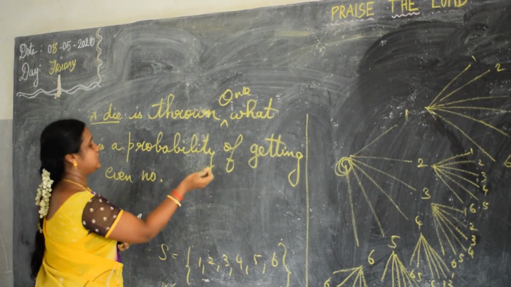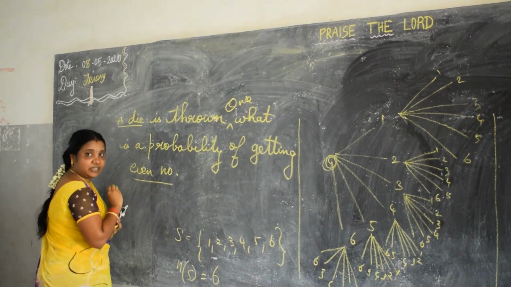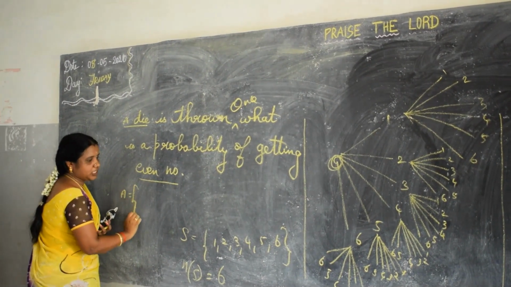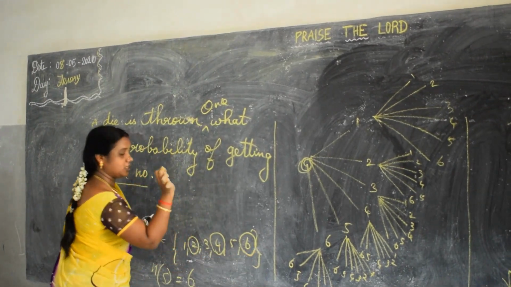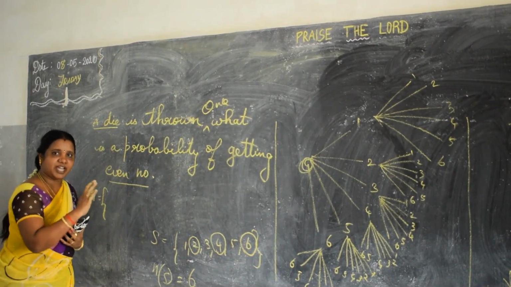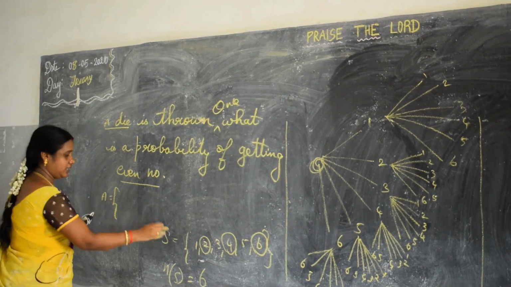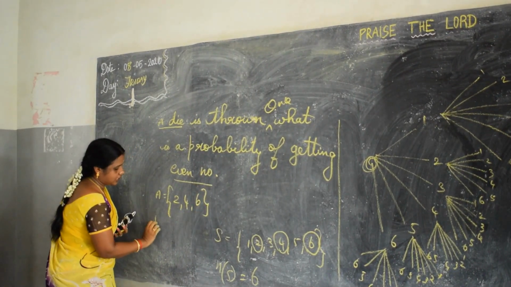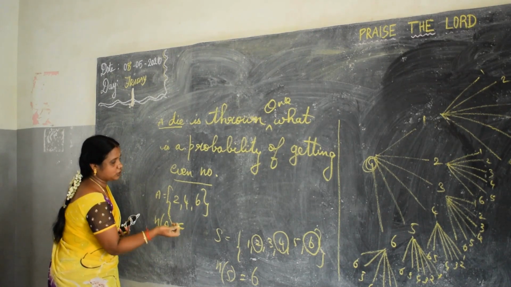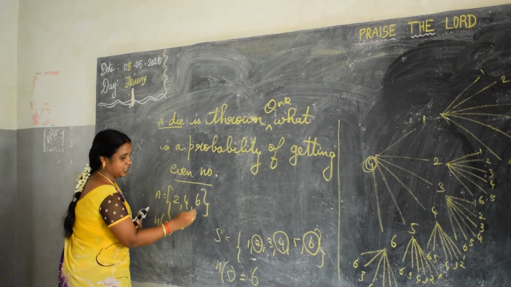Next our question is, see here. Only you have to write even number. What are all the even numbers here? 2, 4, 6. What is an even number? A number which is divisible by 2. So 2, 4, 6 is our even number. So our n of A is equal to, how many outcomes are here? 1, 2, 3.